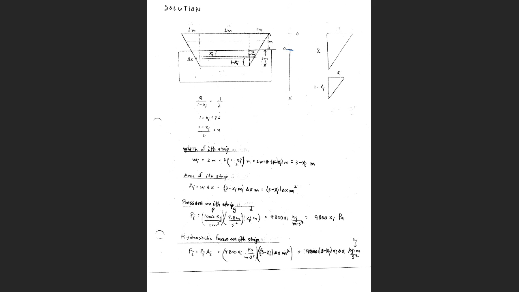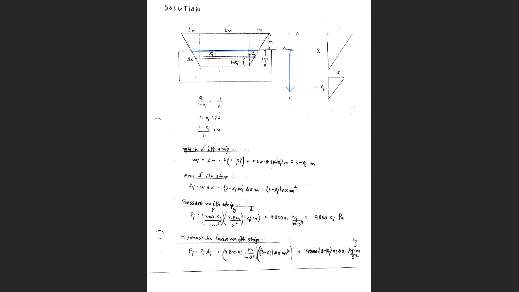Okay, so this here is the water level, right? This is the water level right here. X equals 0 starts there, and then it goes down. Okay, so that's your x-axis.